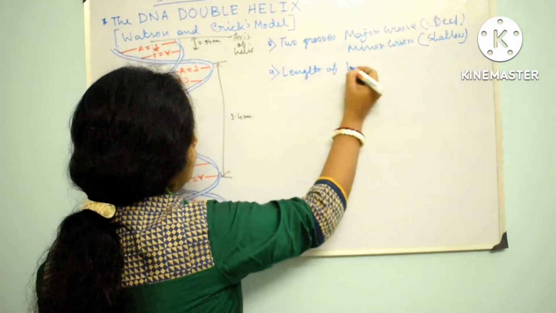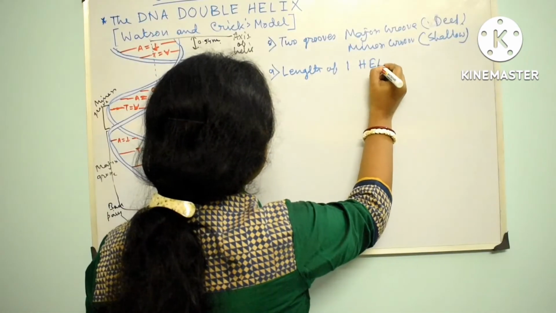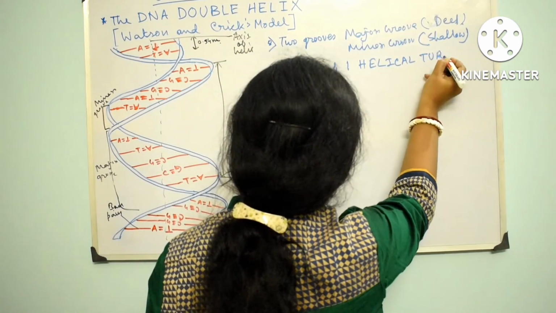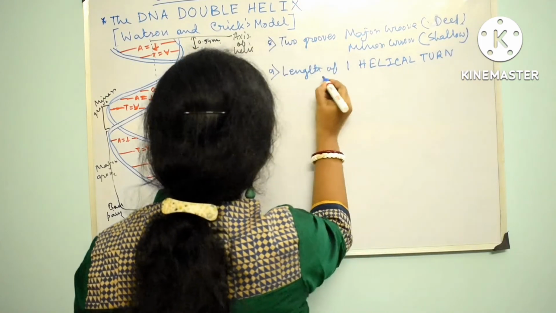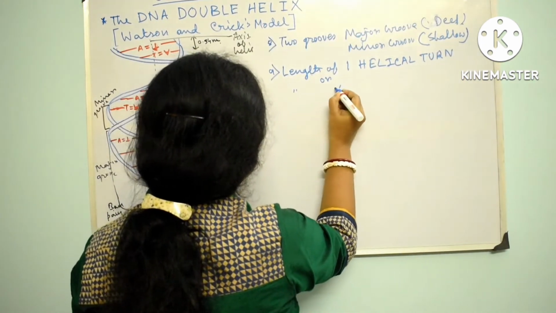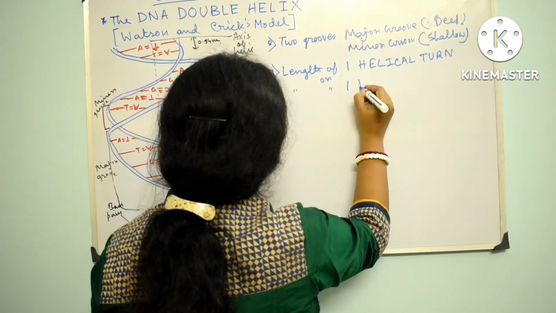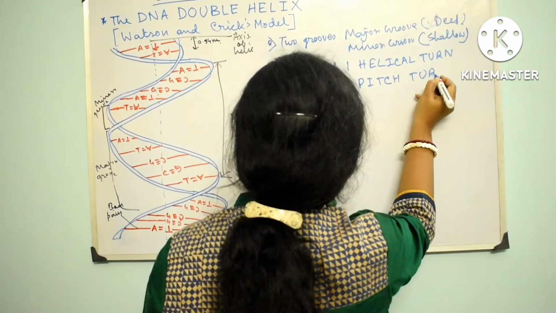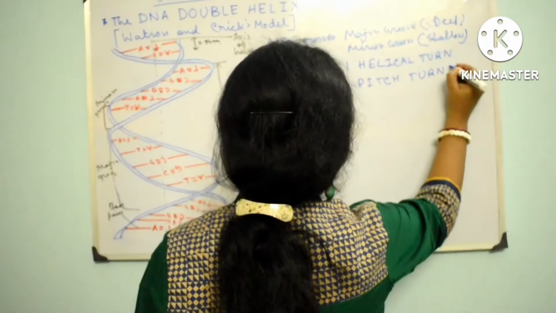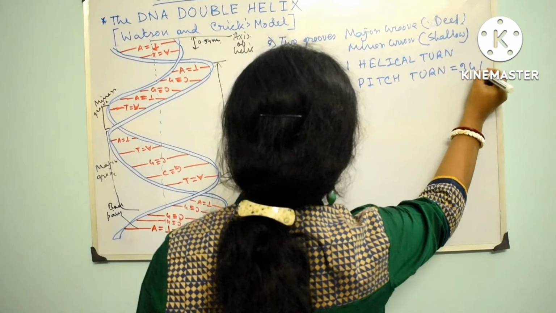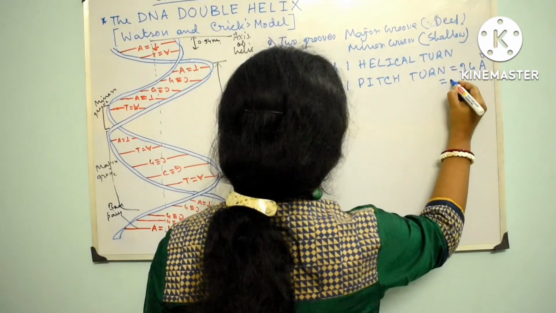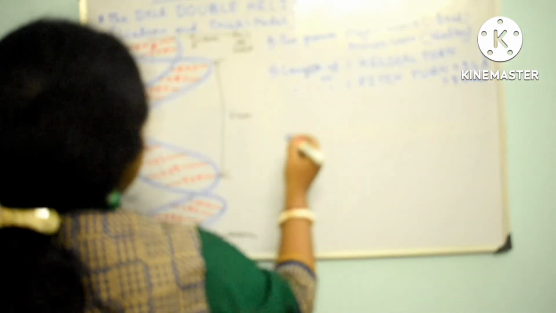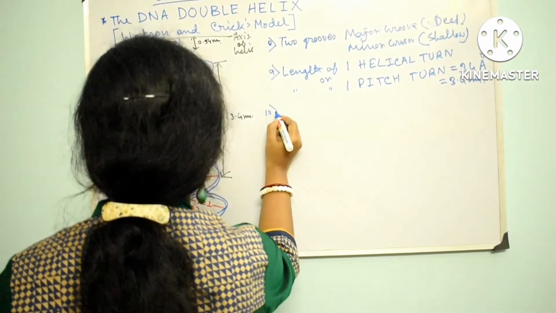The length of one helical turn, or the length of one pitch turn, is 34 angstrom, or 3.4 nanometer. And what do we mean by this helical turn?